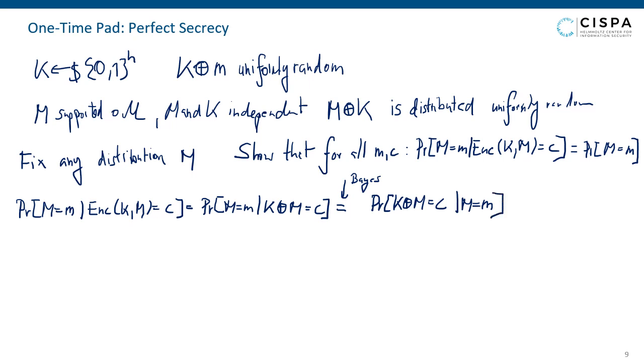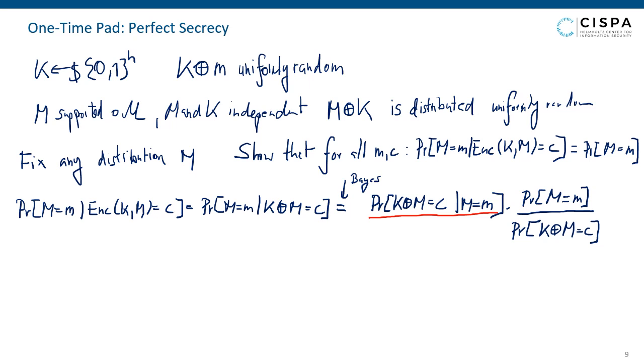The conditional probability the other way around. But by Bayes' rule, we have these additional two factors, namely the probability that M equals m, that's the one we want in the end, divided by the probability of k XOR M equals c. So this one here is actually quite simple. What does it mean when we condition on M being m?